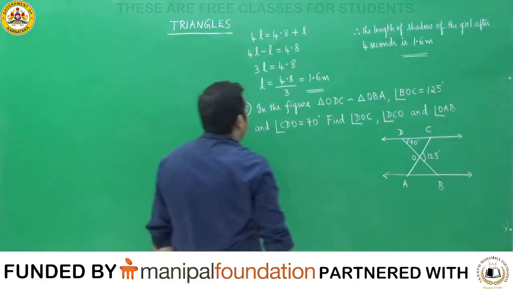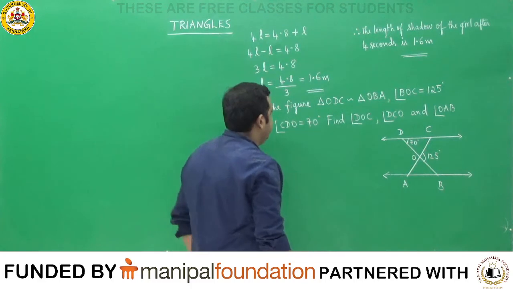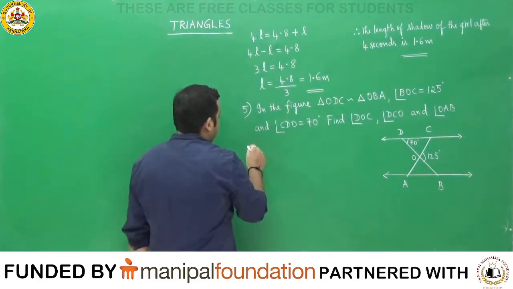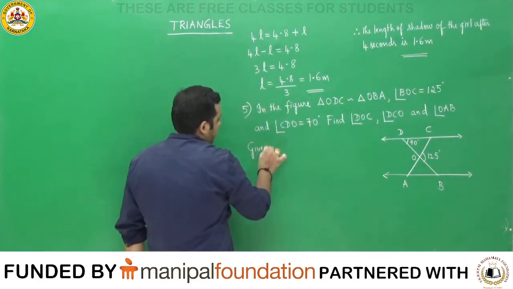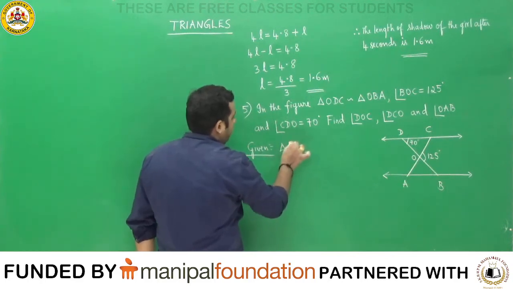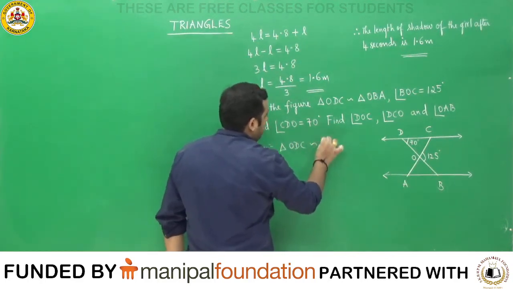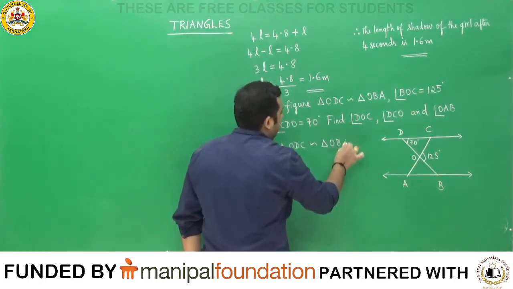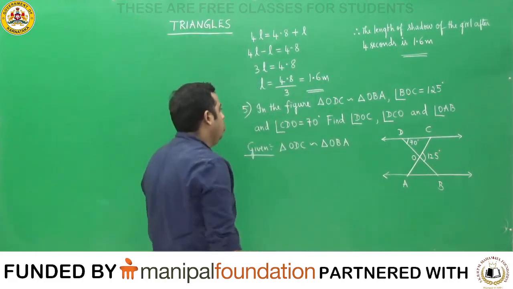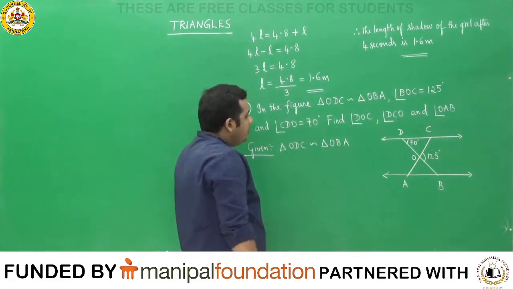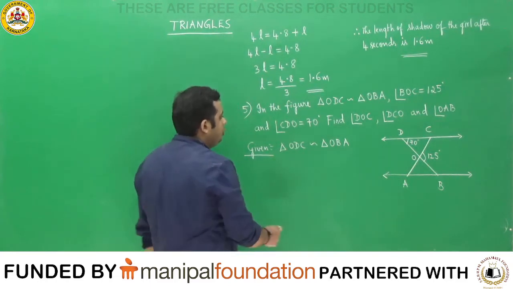What is told in the problem? Given in the problem, triangle ODC is similar to triangle OBA, correct?